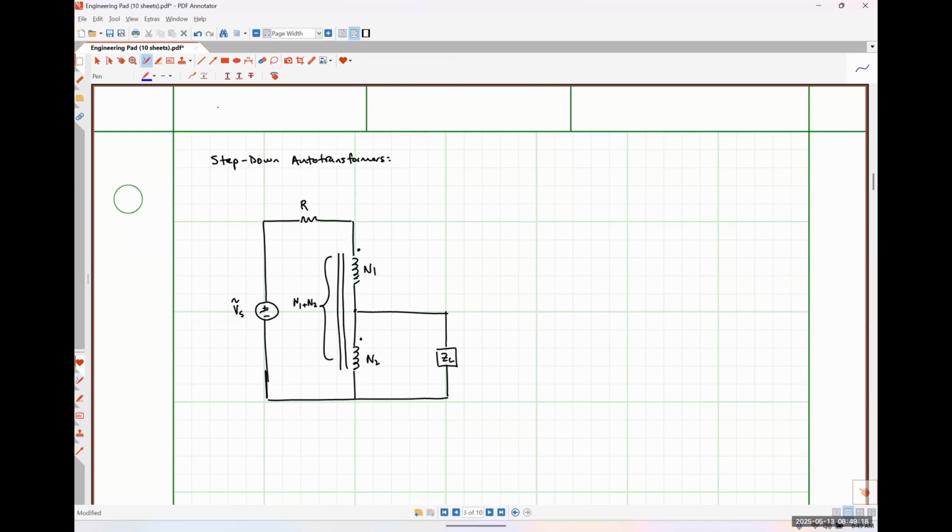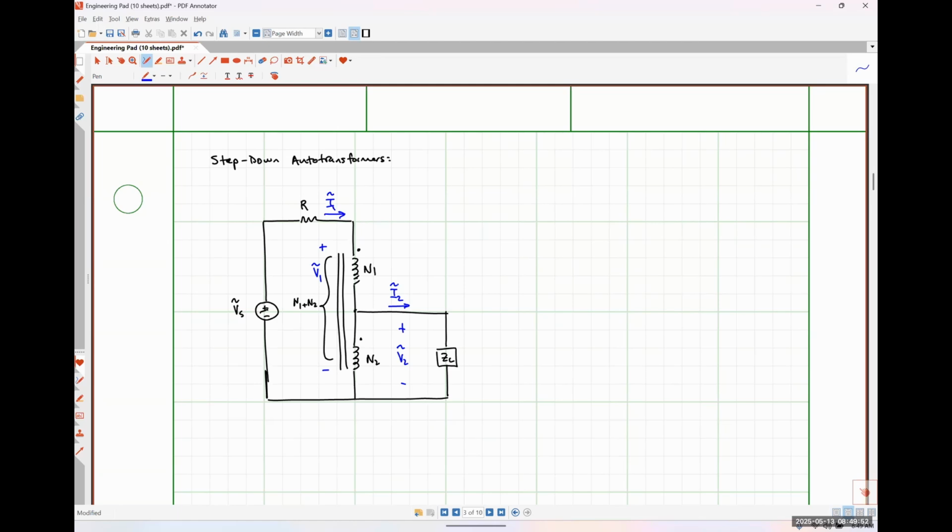Where this voltage is our secondary voltage. This voltage across both of the coils together is our primary voltage. This is our primary current. And this is our secondary current.